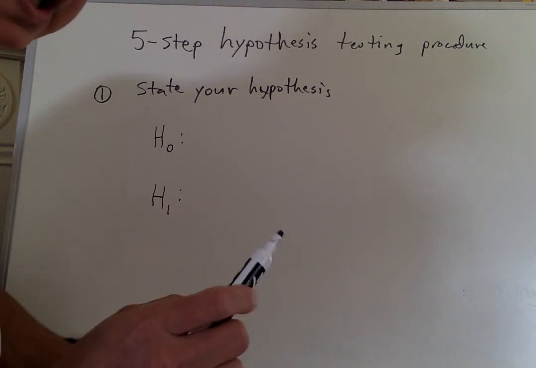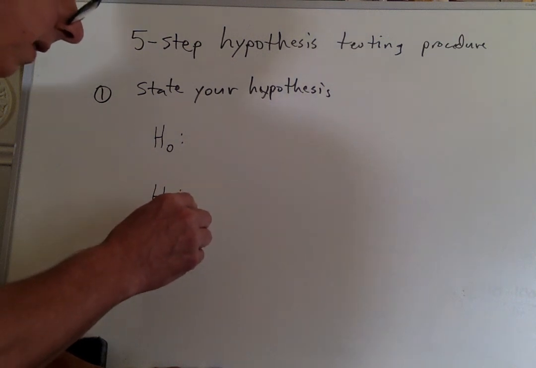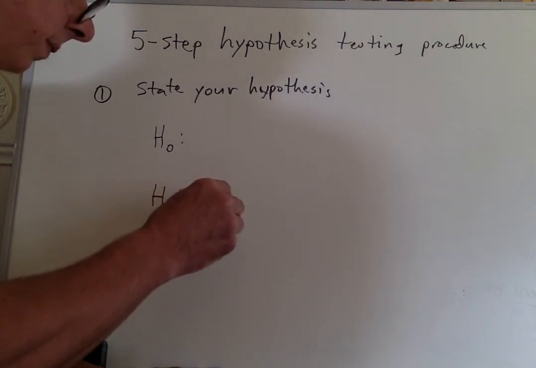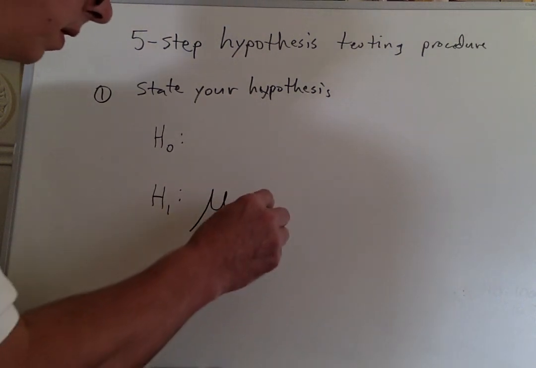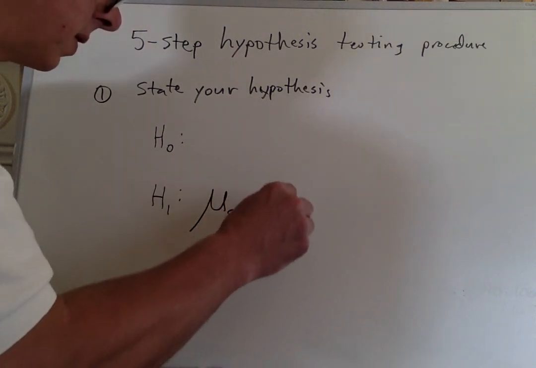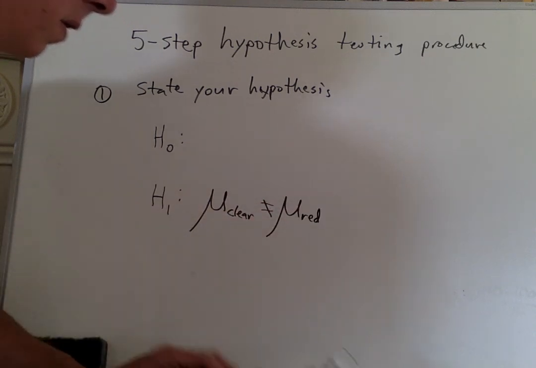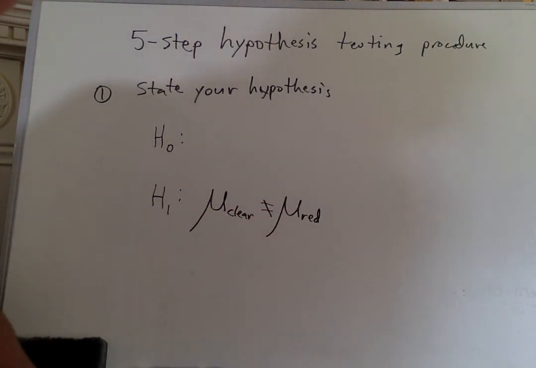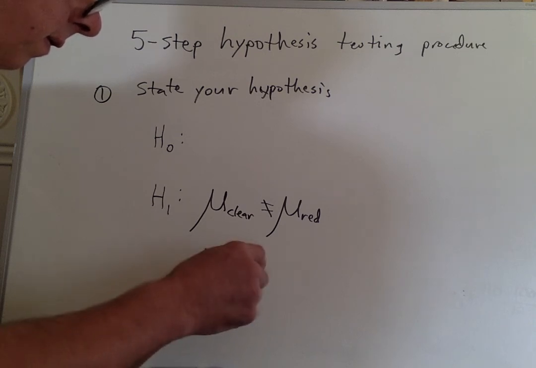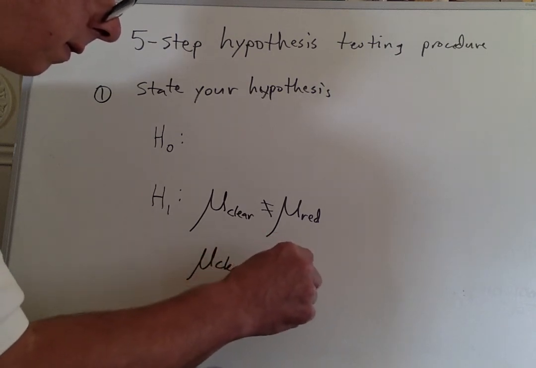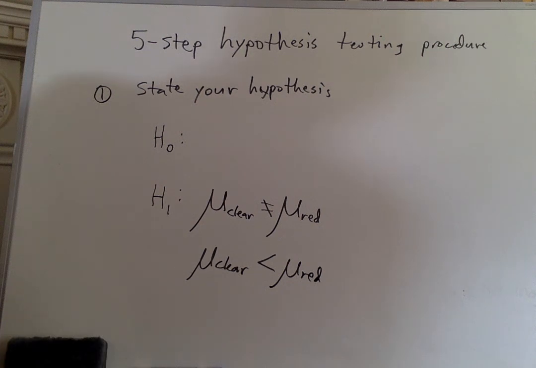But I'm going to do this in symbols here, and I'm going to say, compared to what we see for clear sucrose, I think I'm going to see something different when I look at people having red food coloring, okay? If I wanted to say that the red food coloring is going to increase sweetness ratings, then I might do something like this, okay?